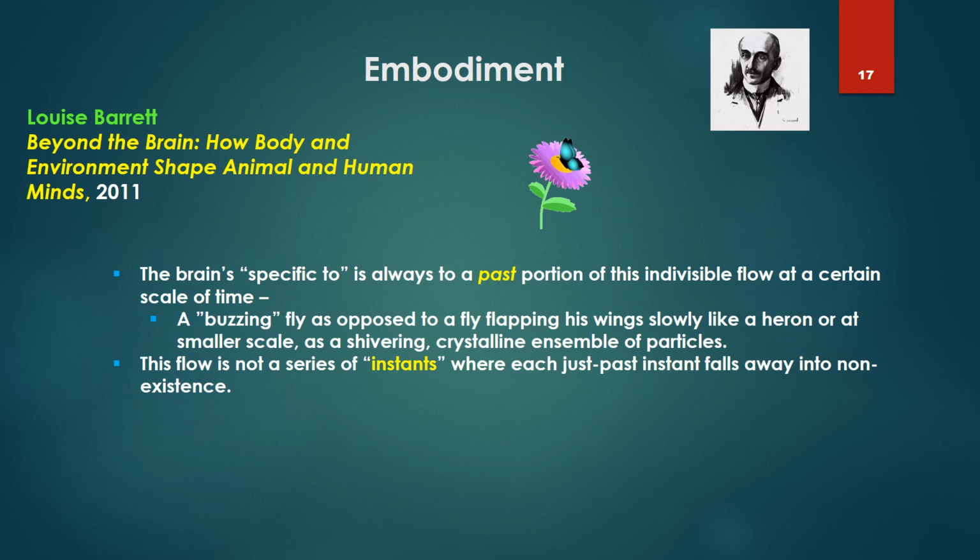The brain is always specific to a past portion of this indivisible flow at a certain scale of time. As noted many times, a buzzing fly as opposed to a heron-like fly, or at even a smaller scale, a shivering crystalline ensemble of electrons, or an electron cloud. This flow is not a series of discrete instants, where each just past instant falls away into non-existence. That's all part of the metaphysic in which Gibson has to be embedded.